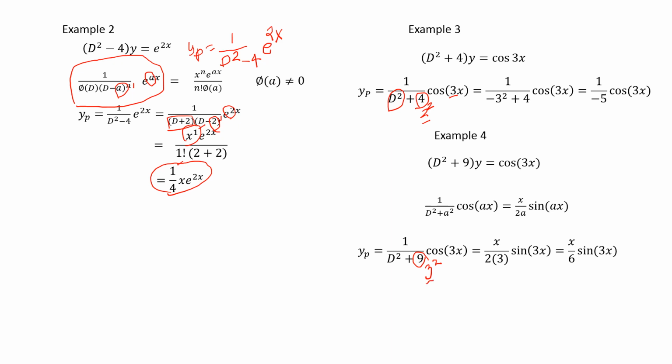Therefore, these 3 and 3 are the same. So we use this formula. We just have to plug in x there, and then the 2a, where a is 3, and then sine of 3x. If this is cosine, this will be sine. And you have x over 6 sine of 3x.